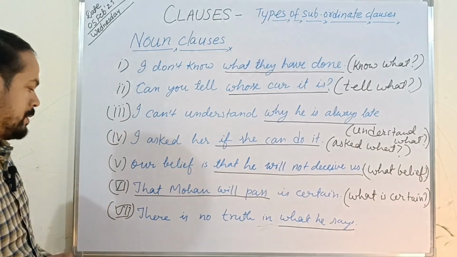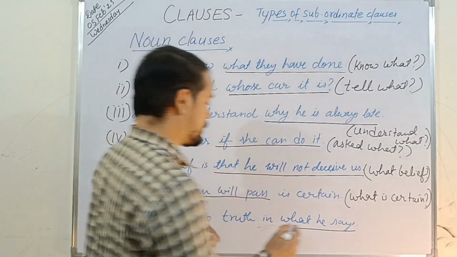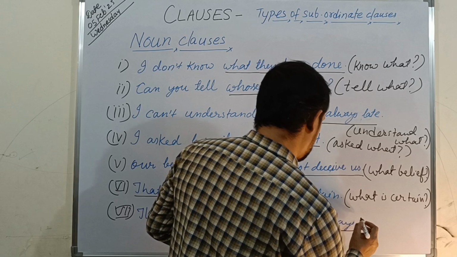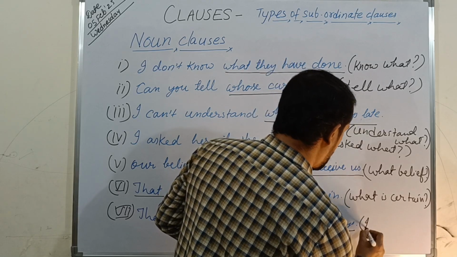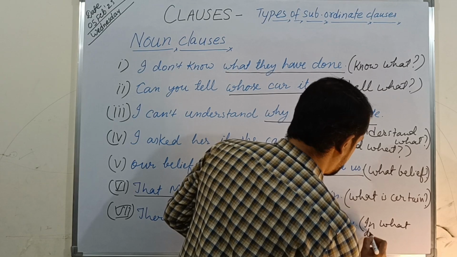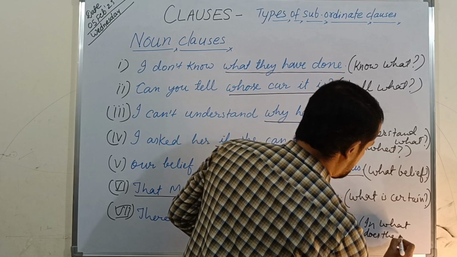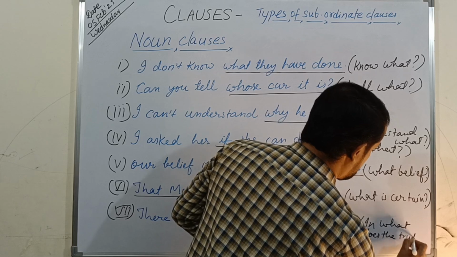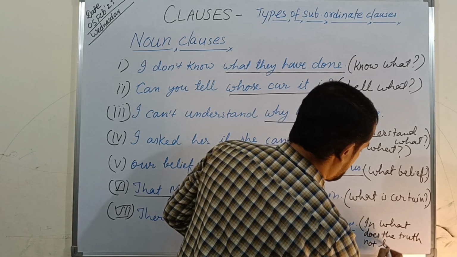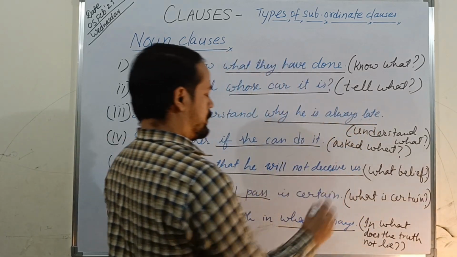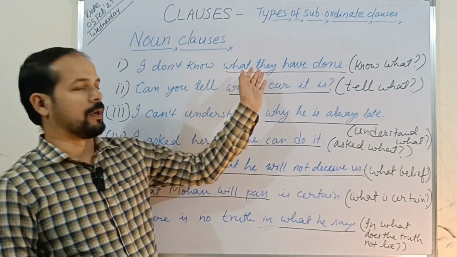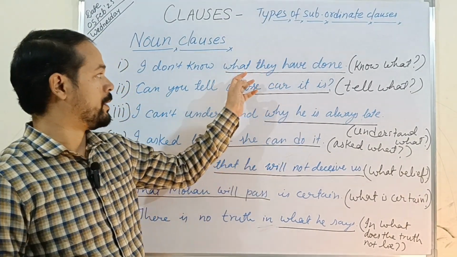So what he says, in what does the truth not lie? So it has become a bit long, but here we can show that a noun clause can be working as an object of a sentence.